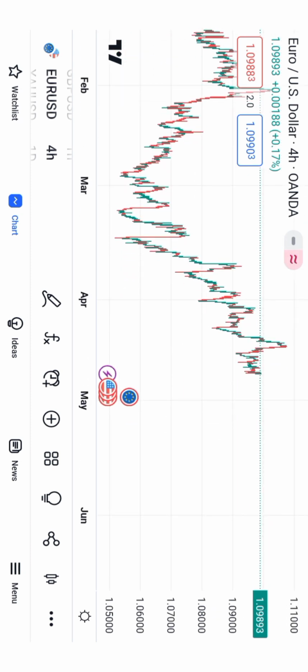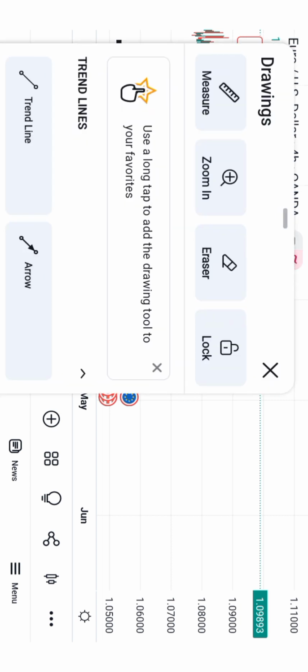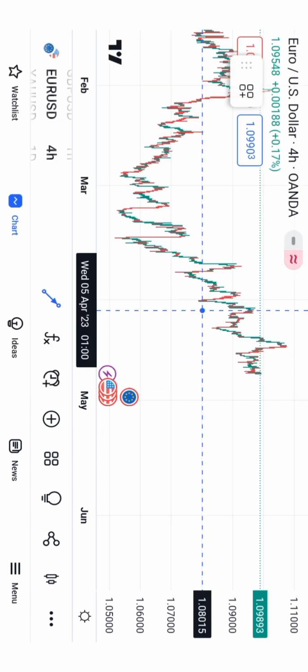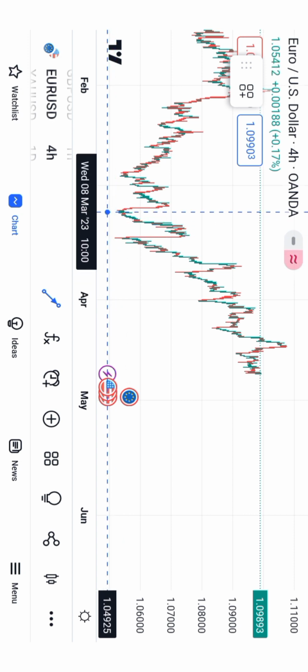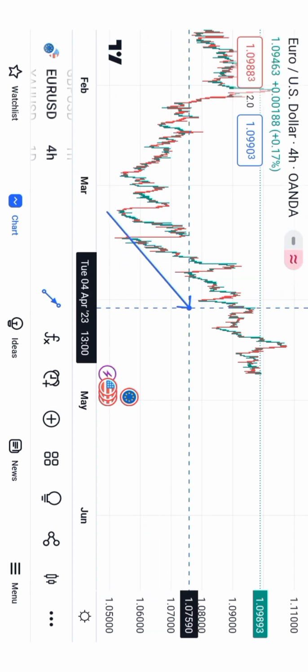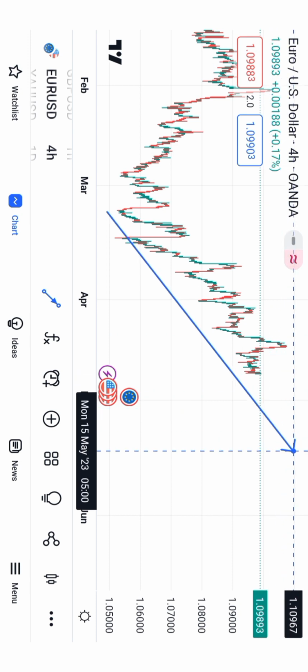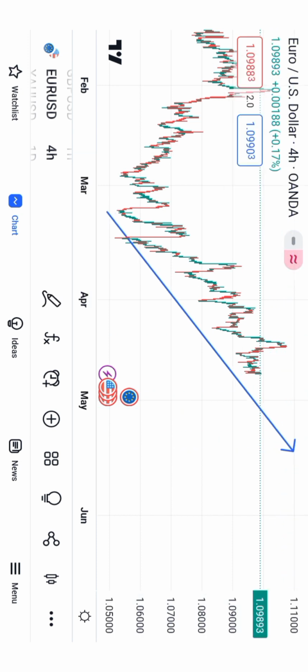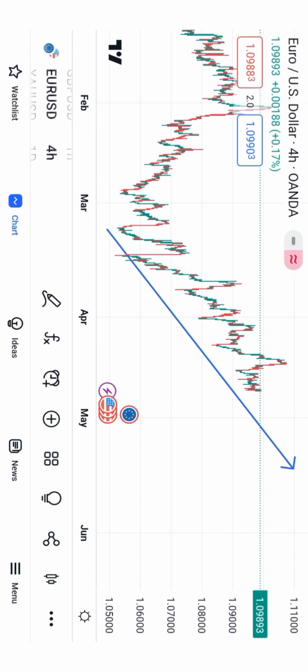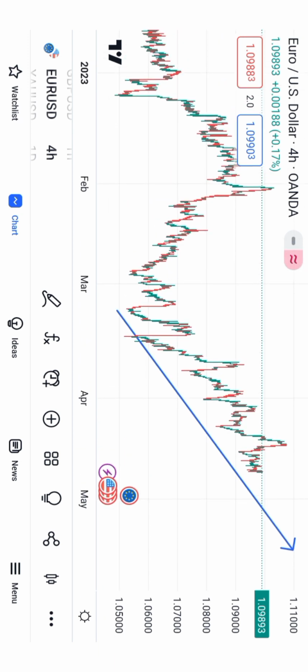I'm analyzing this market on a 4-hour time frame. If I bring this in at this particular point, you're going to see the market direction was uptrend. So generally, if you were trading Euro USD, the market direction should be at this particular point. I hope you understand. That was the direction of the Euro USD.